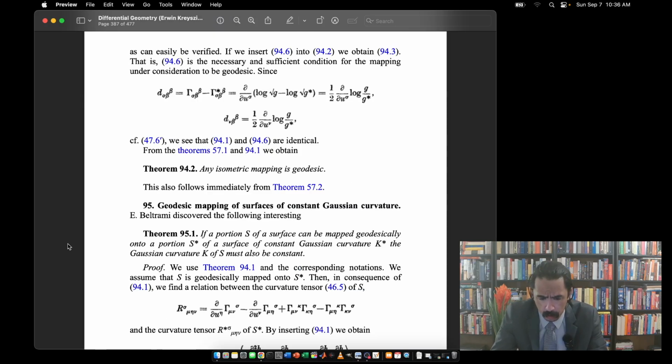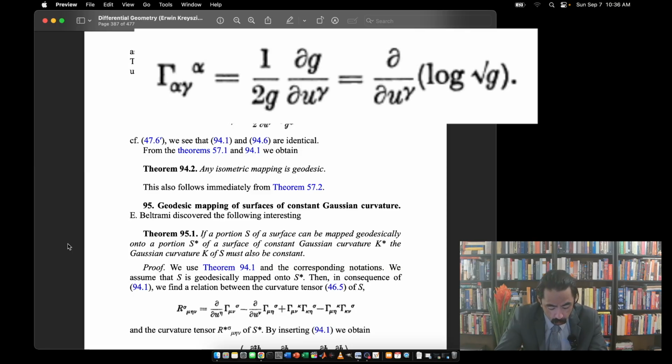Since d sub sigma beta superscript beta equals Christoffel sub sigma beta superscript beta minus Christoffel star sub sigma beta superscript beta, which equals partial with respect to u sigma of the quantity logarithm of the square root of g minus the logarithm of the square root of g star closed quantity, which is all equal to 1/2 times partial with respect to u sigma of the logarithm of g over g star, and d sub nu beta superscript beta is equal to 1/2 times partial with respect to u nu of logarithm of g over g star, for which we can refer back to 47.6 prime, which is just an identity for a Christoffel symbol where we have Christoffel sub alpha gamma superscript alpha is equal to 1/2g times partial u gamma of g, which is equal to partial u gamma of the logarithm of the square root of g.